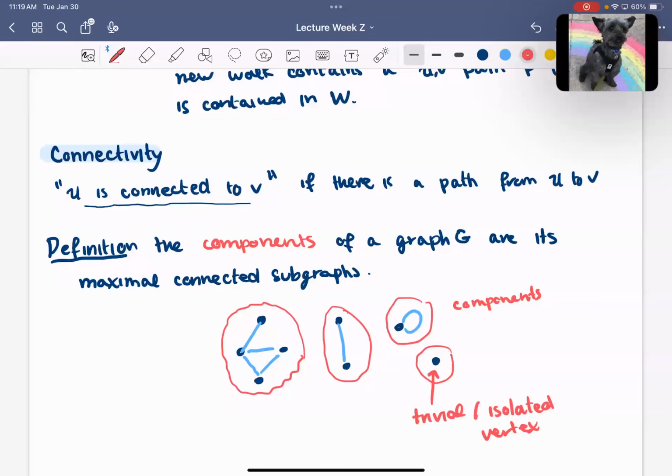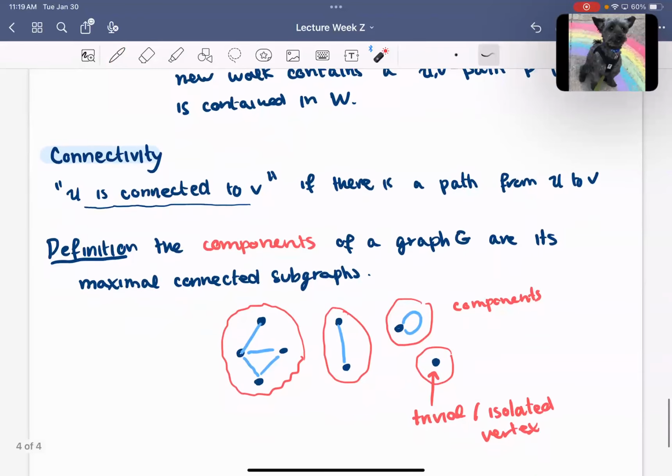Let me make an observation. Let's say I add an edge to this graph. It could happen that the edge I add is just inside of one component, and that would preserve the total number of components. But another thing that could happen is I add an edge that goes in between two components, and that would have the effect of reducing the number of components by 1.